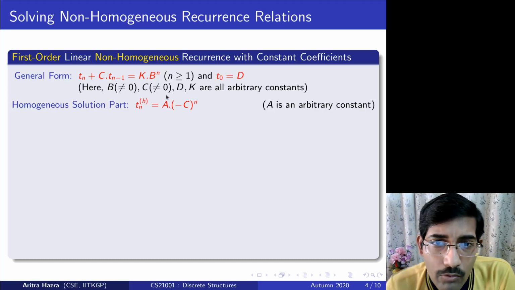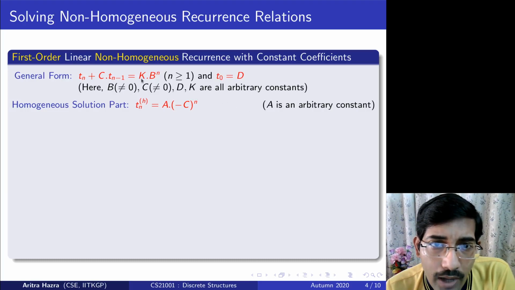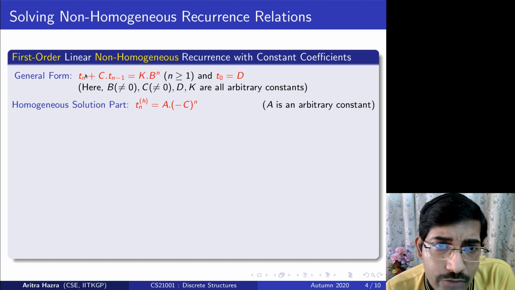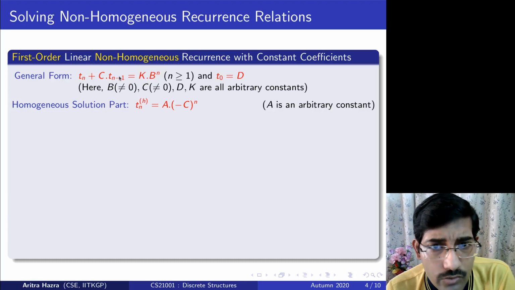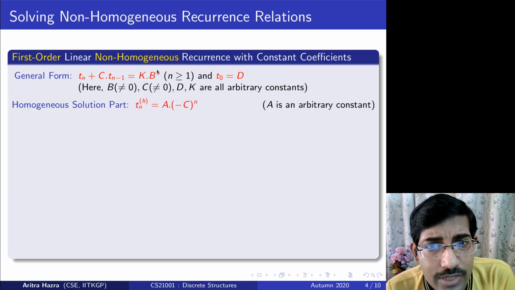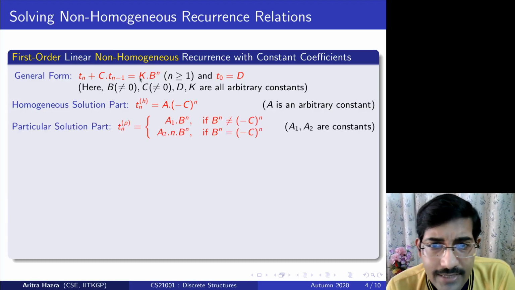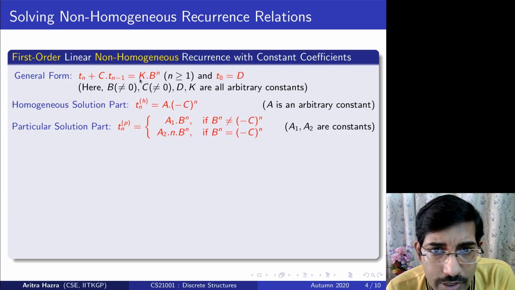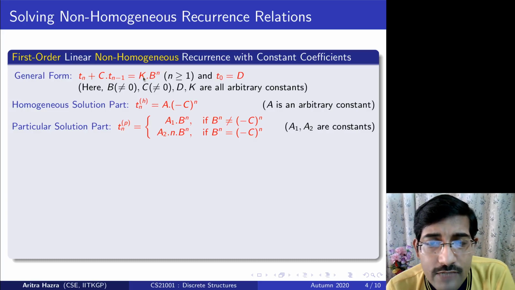So now let us consider another part of it, which says that if this be the format of my answer which I get from Tn and Tn minus 1, what if my solution is of this format, that is some constant into b to the power n format? So if that is the case, there could be two possibilities. Looking at the non-homogeneous functional addition, I am seeing that Tn plus C Tn minus 1 gives this format.